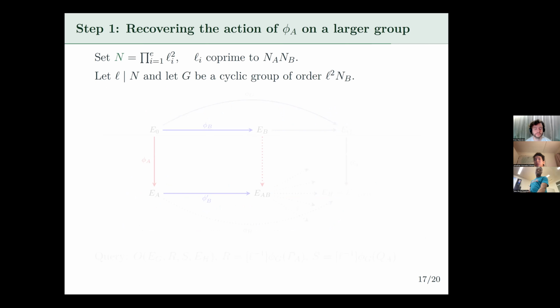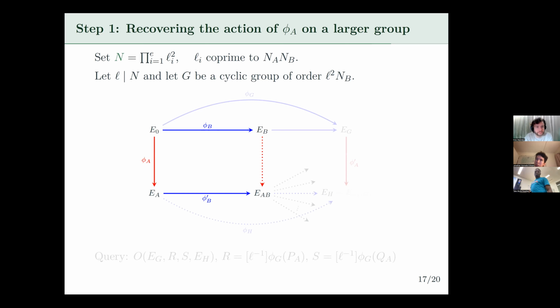So what I want is to recover the action of the secret isogeny on the L torsion. So I pick one of the L dividing n. Then I choose a random cyclic group G of order L squared times nb. Note that I know the action of the secret isogeny on the nb torsion. Now I want to recover the action of the secret isogeny on the L squared times nb torsion.